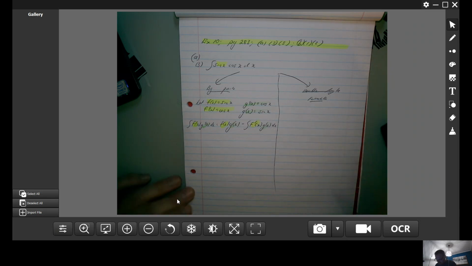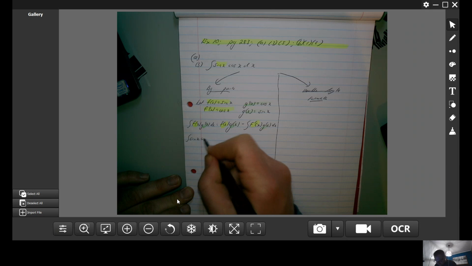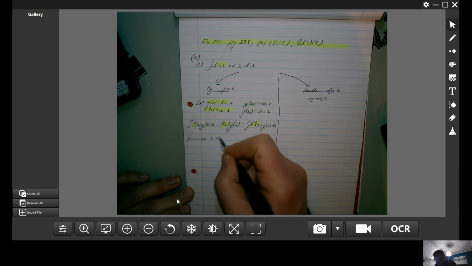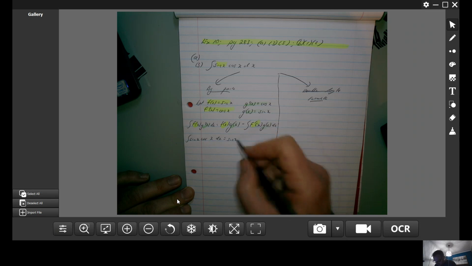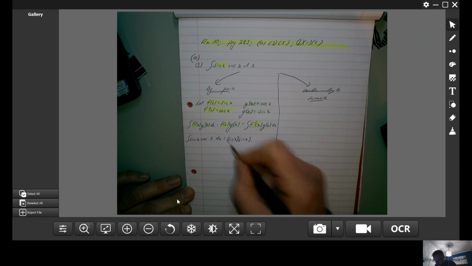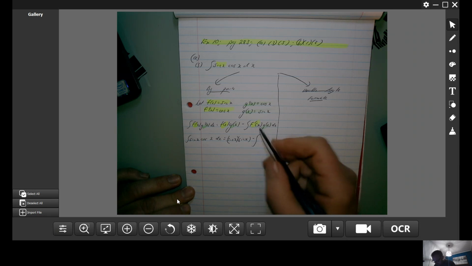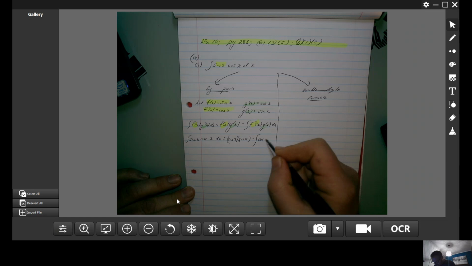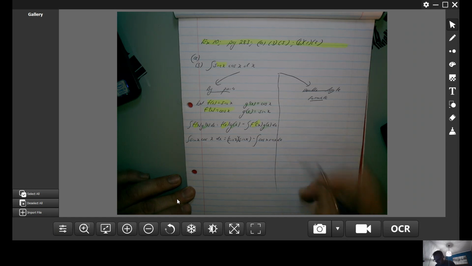Okay, so in other words, the integral of sine x cos x is equal to f(x), which is sine x, times g(x), which is sine x, okay, minus the integral f'(x) is cos x, g(x) is sine x with respect to x.